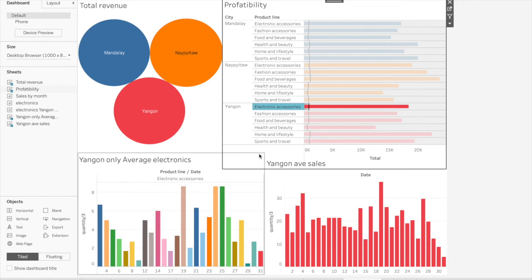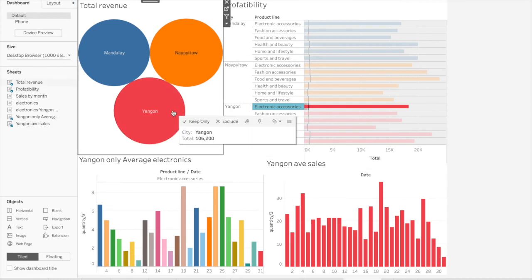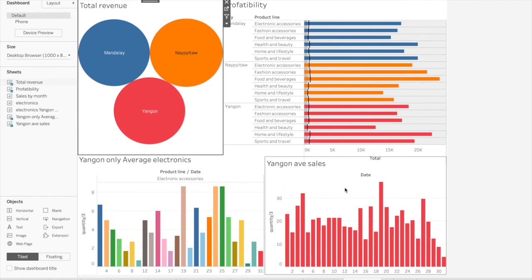This can be done for every single one of them, but for the purpose of this project we'll just focus on one. And here we also have the Yangon average sales. This one helps managers make more informed decisions in terms of scheduling people and all that good stuff.